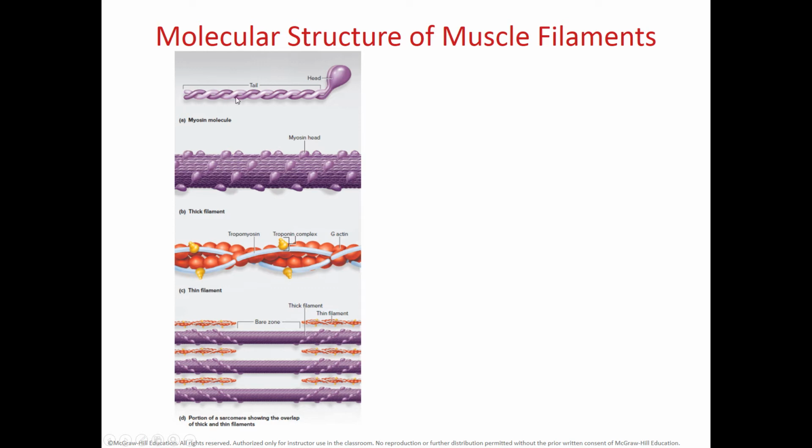So this will be myosin, this one in purple. Individual myosin molecules are made out of this helix that you can see in the tail, and then it has this head that is kind of a dilation of the protein. And in here, the region between the tail and the head is not labeled.